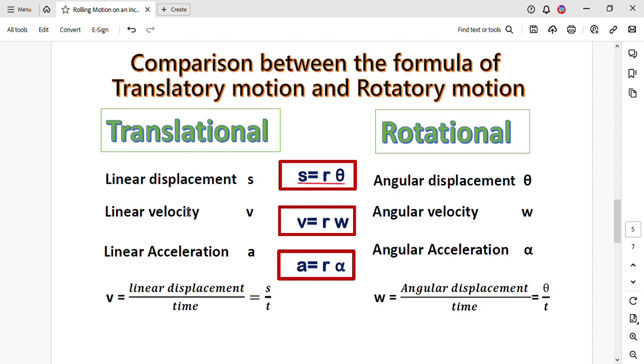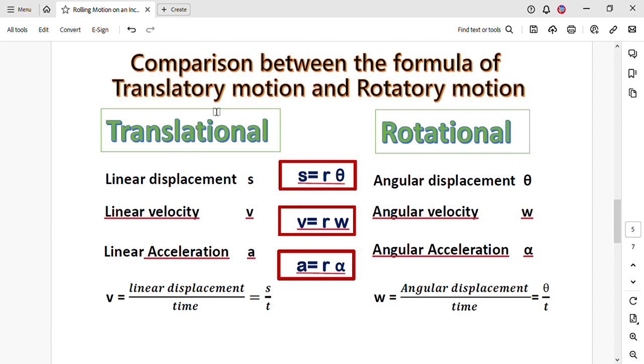We define linear velocity as v and angular velocity as omega, and the relation between them is v equal to r omega. Here a is translational acceleration and alpha is angular acceleration, so a equal to r alpha. This is the relation between translational and rotational variables.